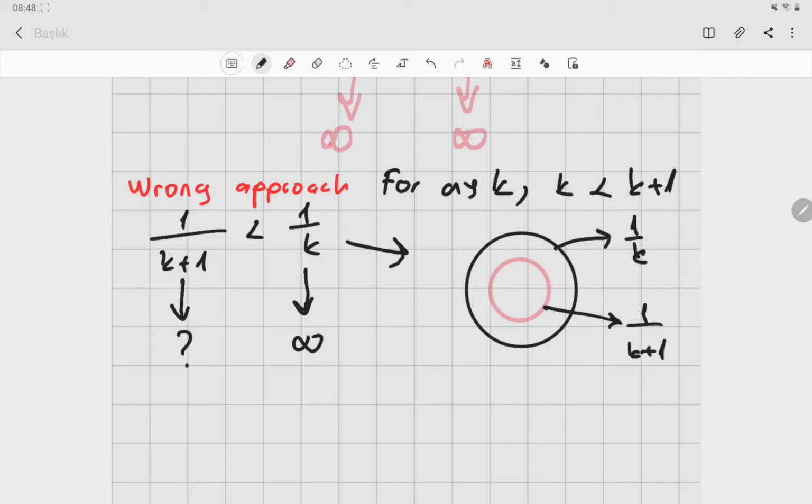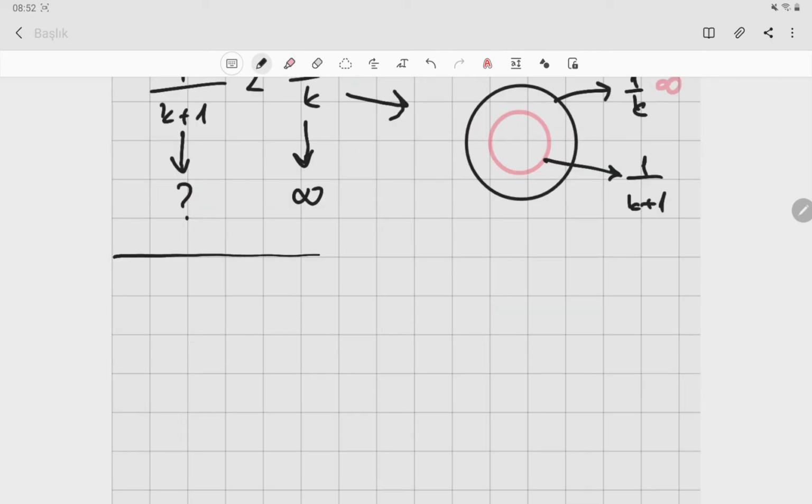You know the big part is infinity, but it doesn't mean that the smaller is also infinity. The small part may be convergent, who knows. That is why for such an approach the comparison test doesn't work.